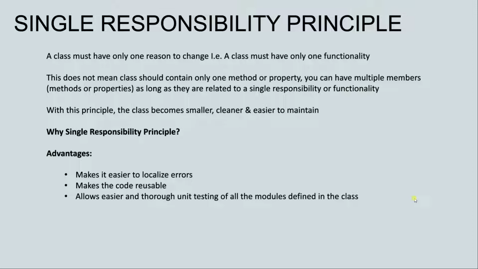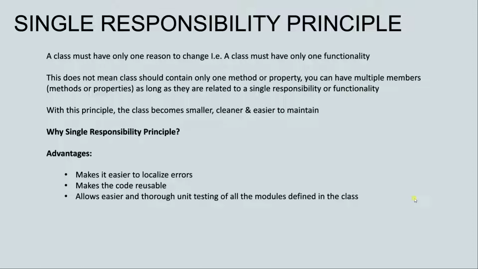You can have as many methods or properties as long as they are related to the single responsibility of the functionality. Here, we are concerned about the functionality rather than the number of code components. So with this principle, the class becomes smaller, cleaner, and easier to maintain.